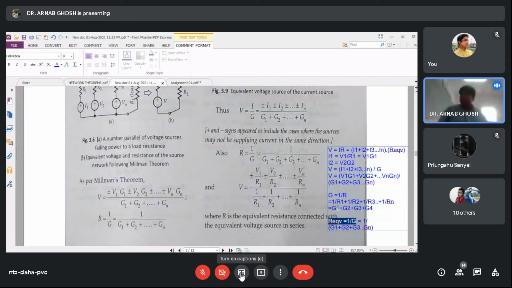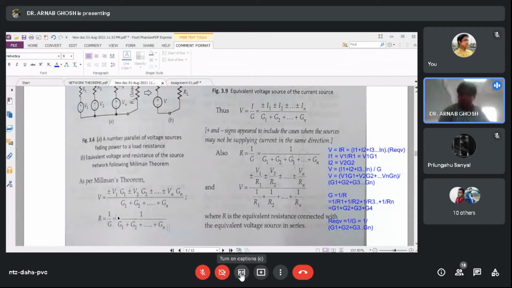Here we are calculating G individually. In parallel circuits 1 by R is equal to 1 by R1 plus up to 1 by Rn. Right? So 1 by R1 is G1, 1 by R2 is G2, 1 by R3 is G3, similarly up to Gn. So if you just revert this, if you write this as R equals 1 by G, that will come as 1 by G equals 1 by G1 plus G2 plus G3 up to Gn.